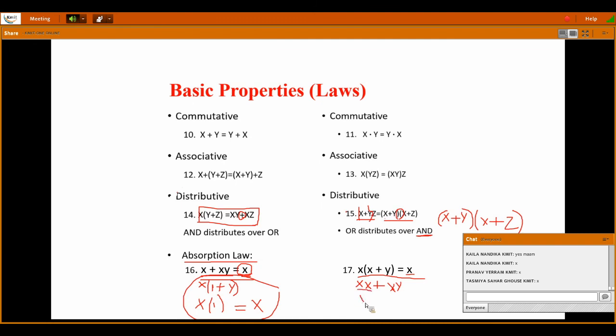So for x into x, I'll write x plus xy. Okay, now what you will have? This expression is the same as the 16th expression. Now take x as common: 1 plus y. Again, 1 plus y is nothing but 1. So you are left with x.